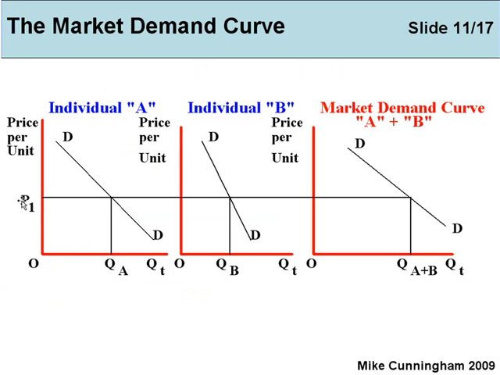At P1, my demand would be QA. At P1, your demand could be QB. If there are only two of us in the market, then at P1, our combined demand will be QA plus QB, which is over here. So that's how we get the market demand curve. We simply add the individual demand curves horizontally, and that gives us the market.